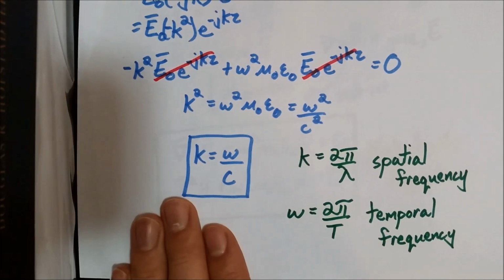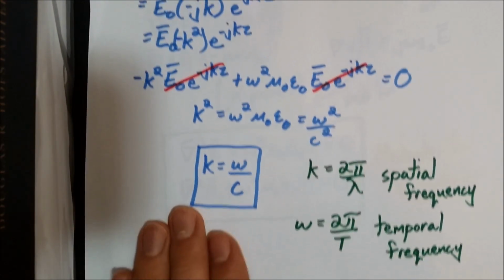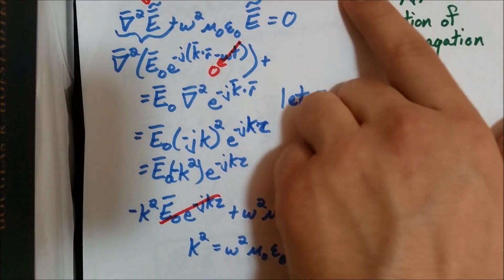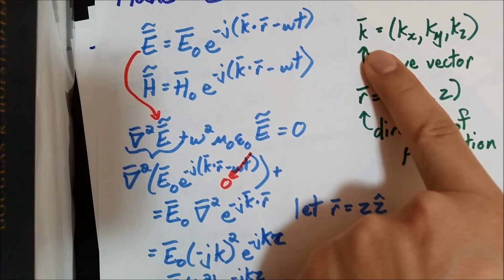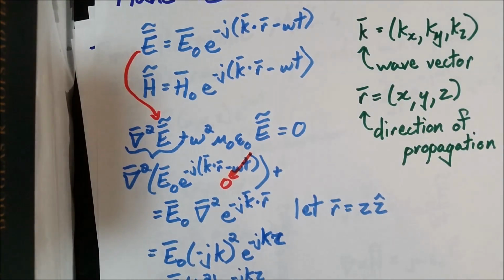There are two other key components, the first of which is the wave vector and its relation to the electric field.